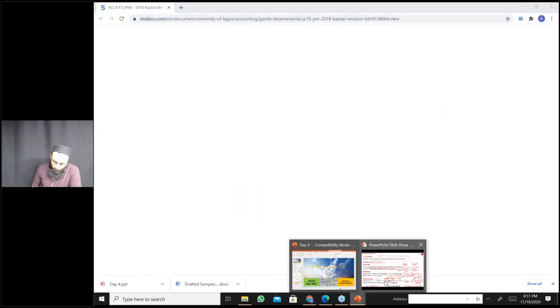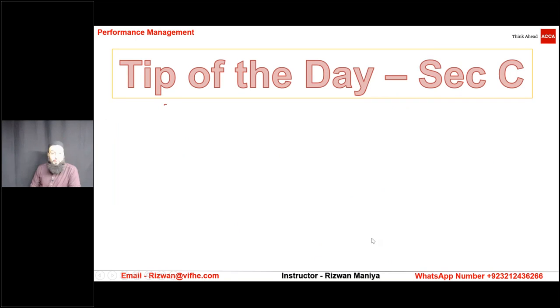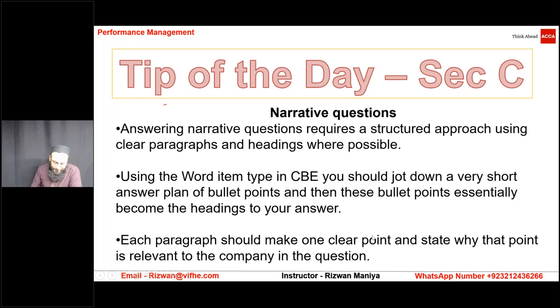Let's move towards our slides, and we have the tip of the day. Tip of the day says section C, narrative questions. Answering a narrative question requires a structured approach using clear paragraphs and headings where possible. So, a structured approach, clear paragraphs with headings, a heading and a paragraph. Use Word in CBE. You should jot down a very short answer plan of bullet points.